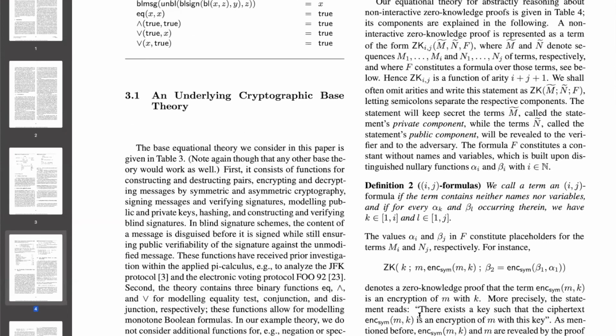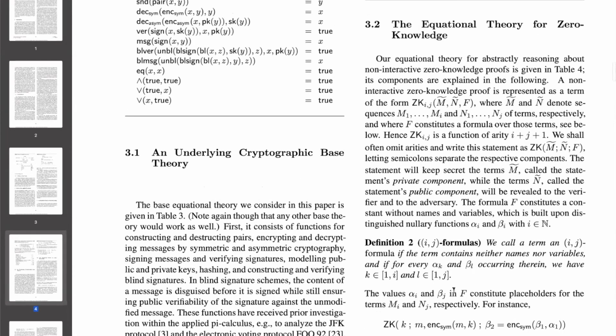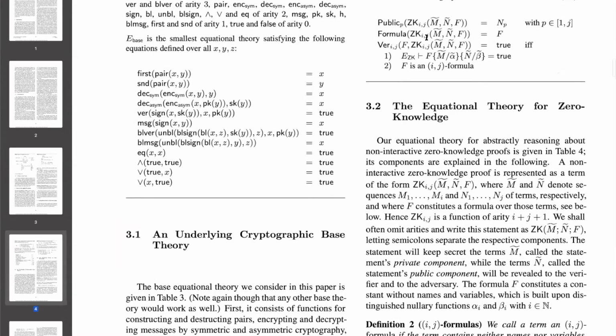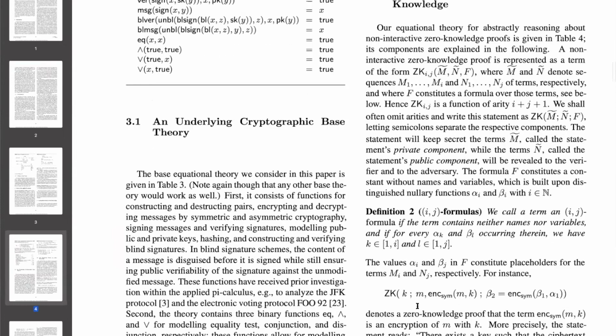So here's an example. Notice that ZK has a private part, a public part, and a formula. Here's a ZK. The private part is the key. The public part, oh, and they introduced these.